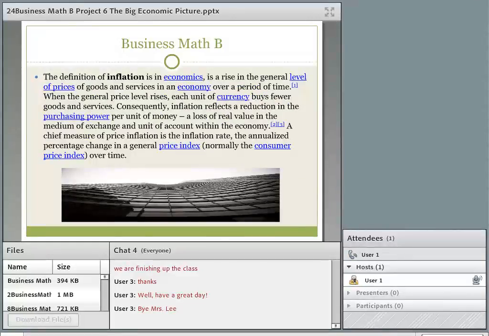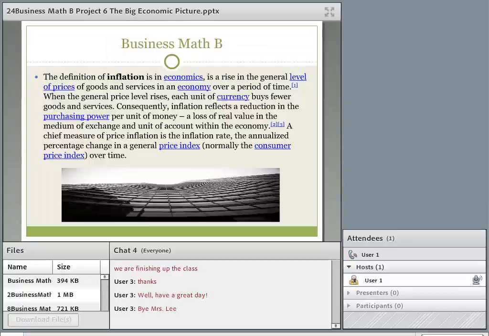Okay, the third measurement, inflation, it's a rise in the general level of prices of goods and services. That's what inflation is. And again, it's for a specific period of time. And when these price levels rise, the unit of currency buys fewer, right? So if all of our prices of everything in the stores go up, then we can't buy as much with our money. Okay?